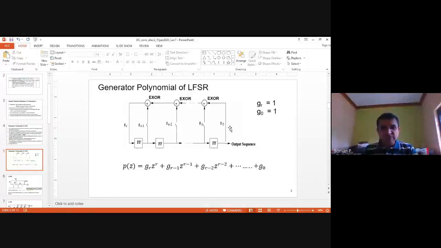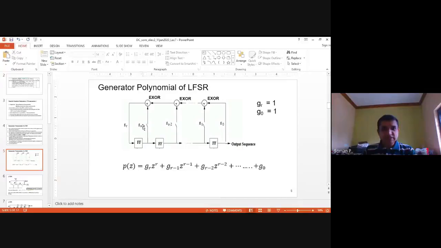And the polynomial is defined as GR z raised to R plus GR minus 1 z raised to R minus 1, plus and so on, up to G0. This is the polynomial. So if a particular, say GR minus 1 is 0, this connection, this switch is off.